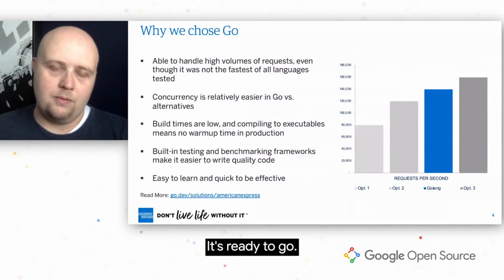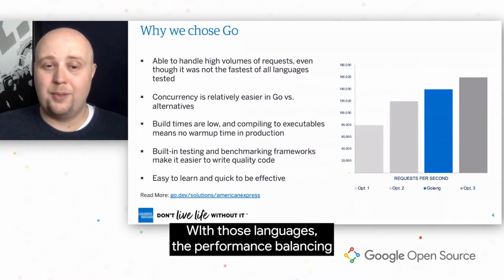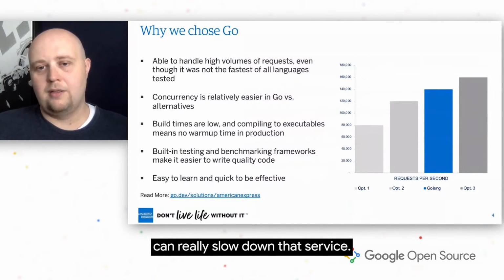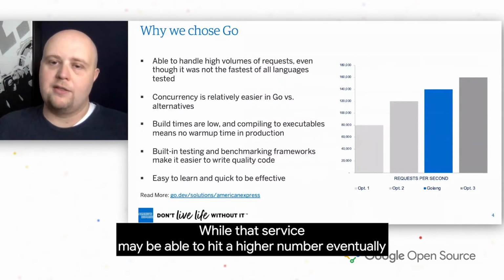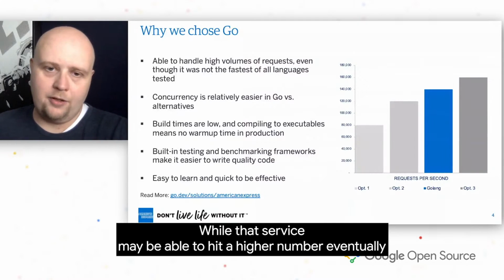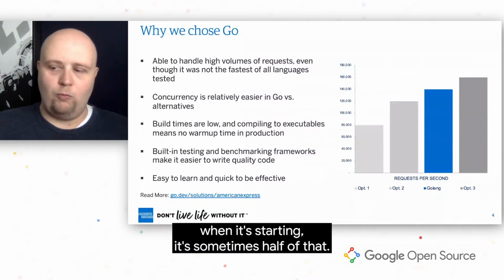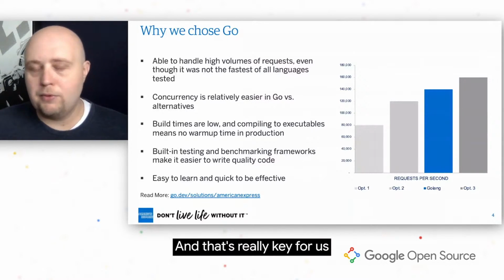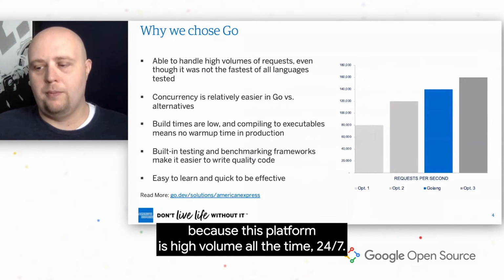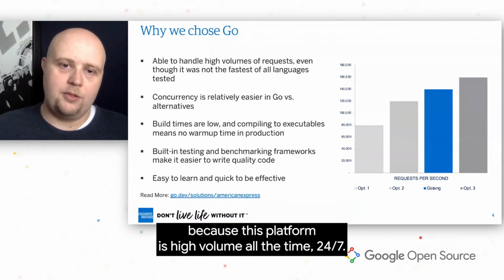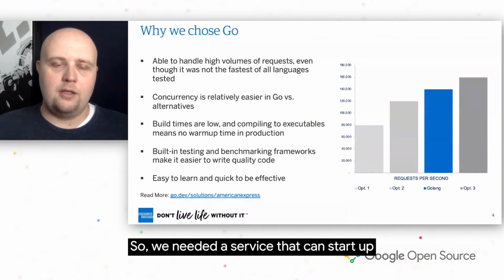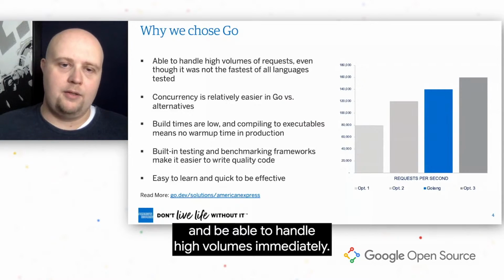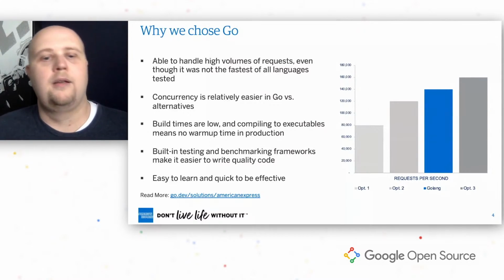It's ready to go. With those languages, that performance penalty can really slow down the service. So while that service may be able to hit a high number eventually, when it's starting, it's sometimes half of that. That was really key for us because this platform is high volume all the time, 24/7. So we need a service that can start up and handle high volumes immediately.